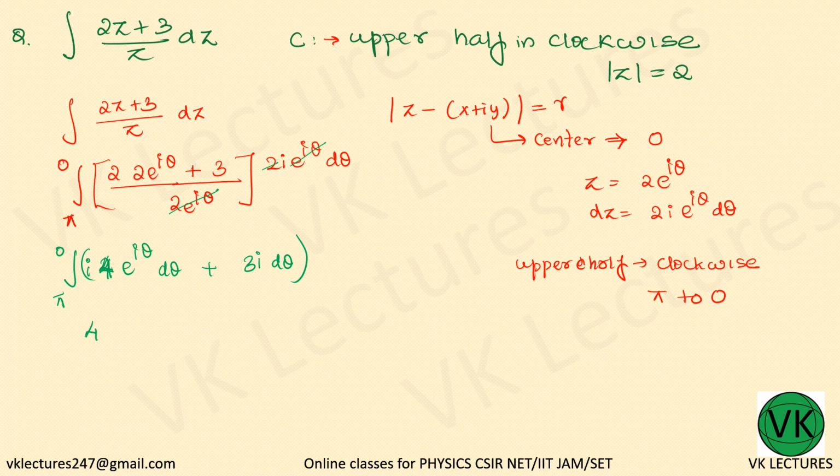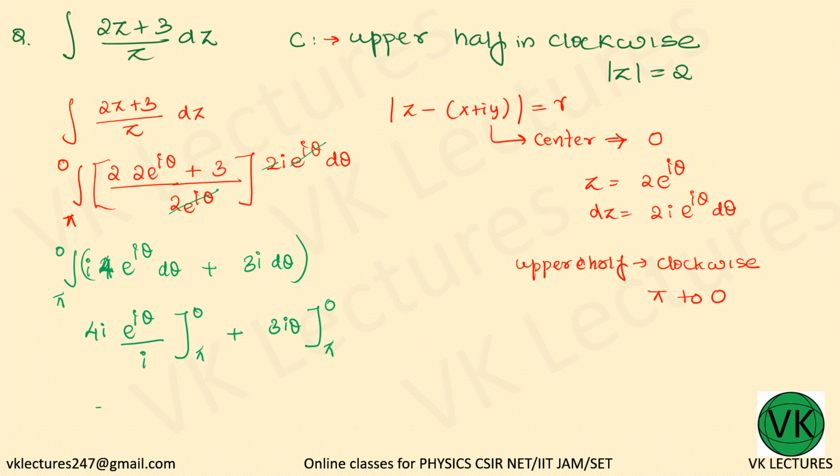Now 4i e to the power i theta, integral is e to the power i theta divided by i from pi to 0 plus 3i theta from pi to 0.